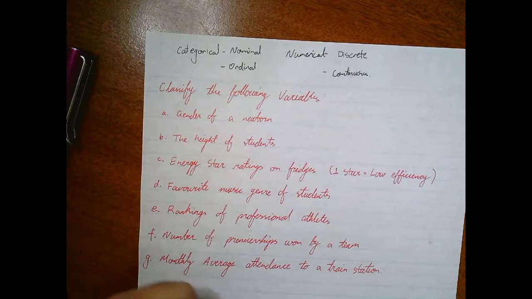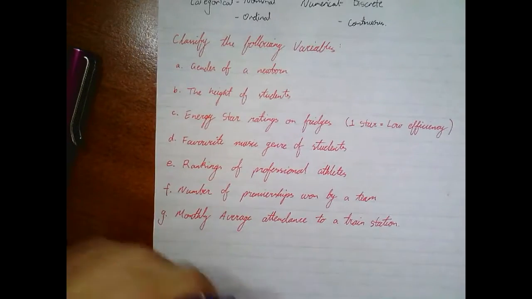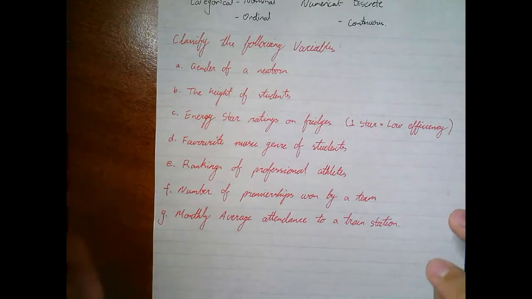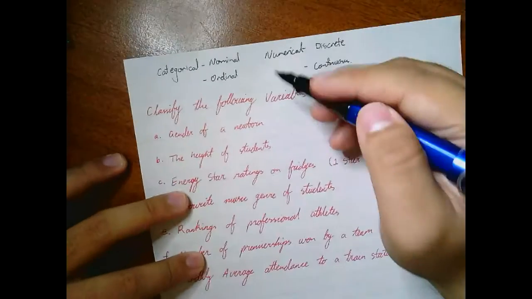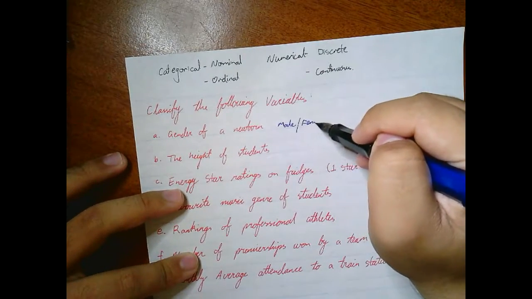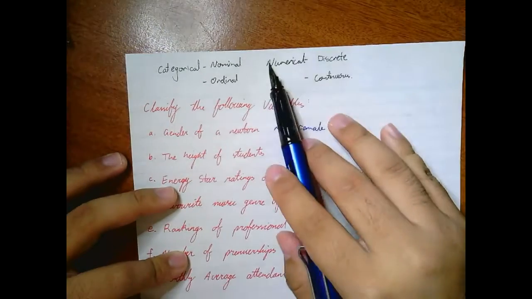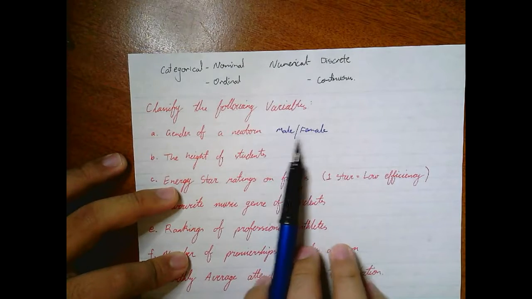Okay. Example A. So we have the gender of a newborn. Well, the gender of a newborn could only be male or female. So it's clearly not numerical. Is there an order of male or female?